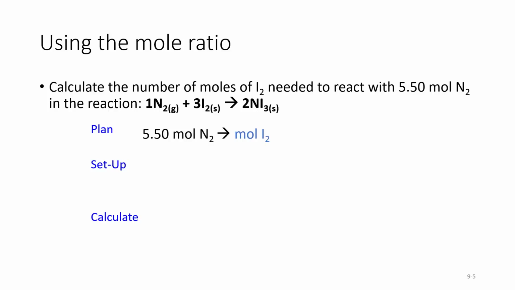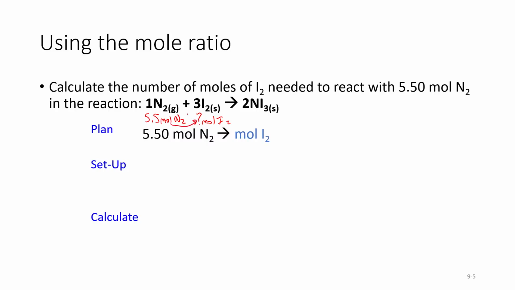Okay, so just like last time, we're going to write the information underneath the equation. We have 5.5 moles of N2. And they're saying calculate the number of moles of I2. So our question mark is moles of I2.